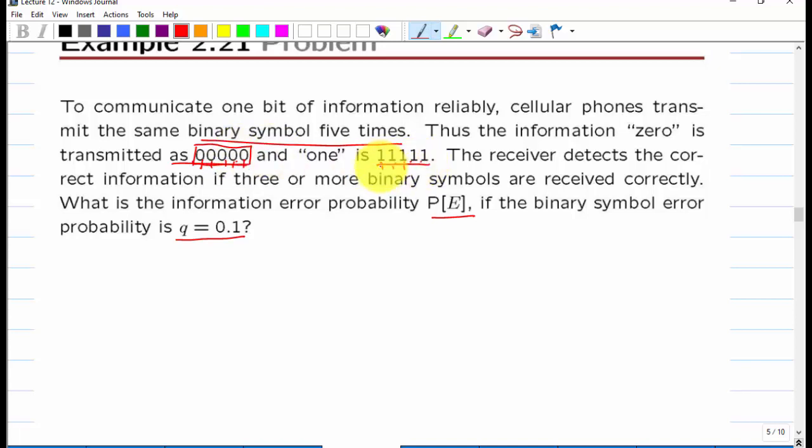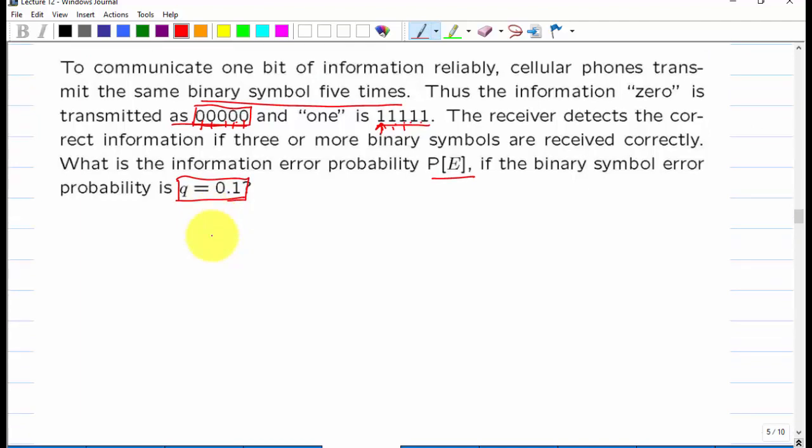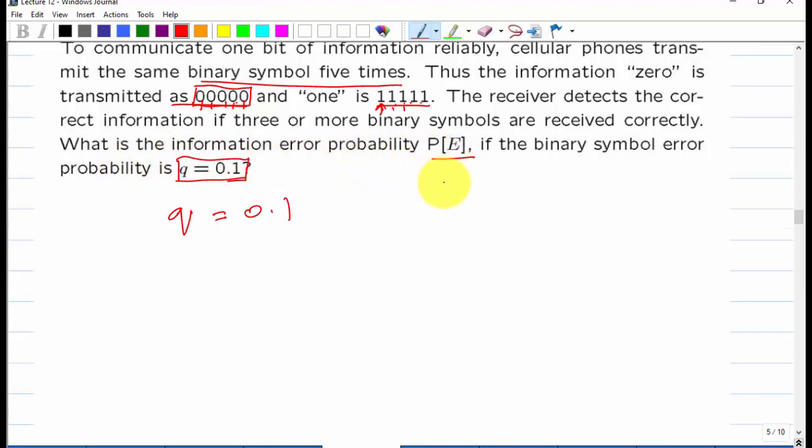And the error in each bit is given with the probability q equal to 0.1, which is the probability of error in one bit. Now the question is: what is the information error probability E?